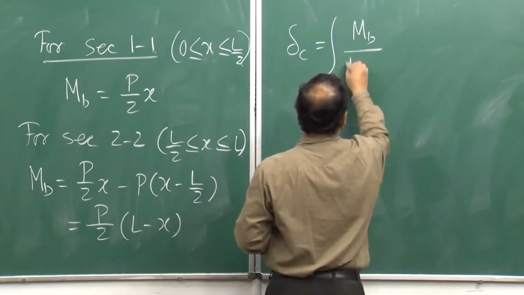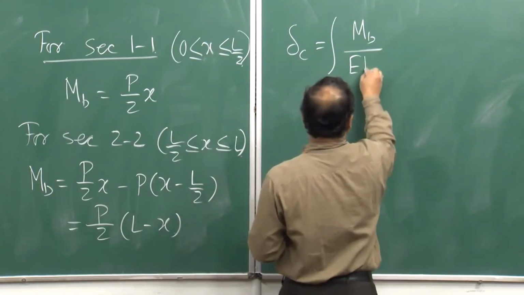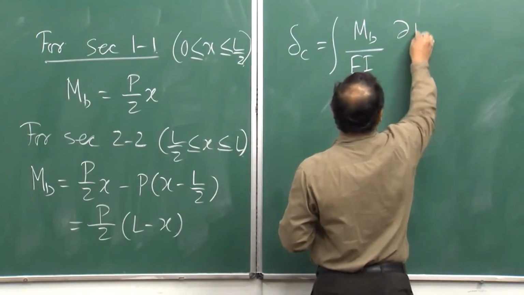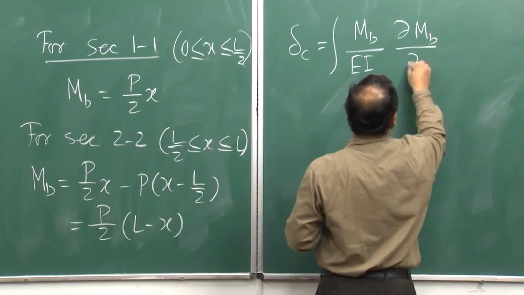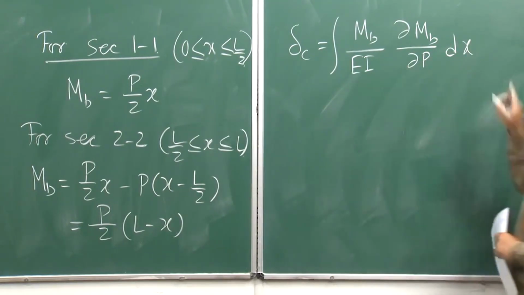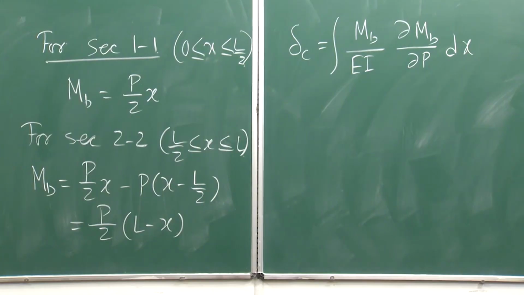Delta C will be equal to, as you know, M B by E I, del M B del P dx. Now, how has it come? Can you tell me?